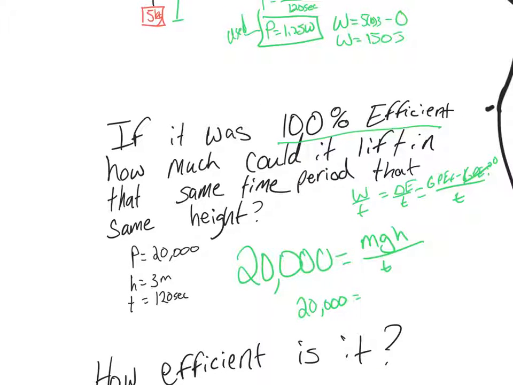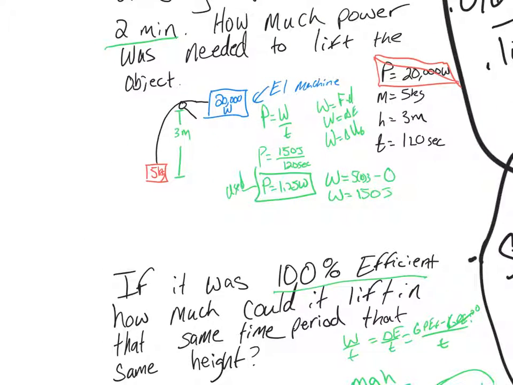So we're looking for the mass, m times 10 times 3 over 120. Now, if this machine was 100% efficient, it would be using all of its power to lift the object. So we would have to multiply up by 120 and then divide by 30. And we would get 80,000 kilograms that it could lift. So if it was 100% efficient, it could lift 80,000 kilograms.